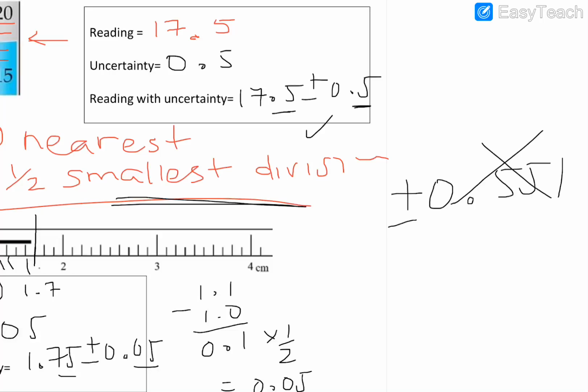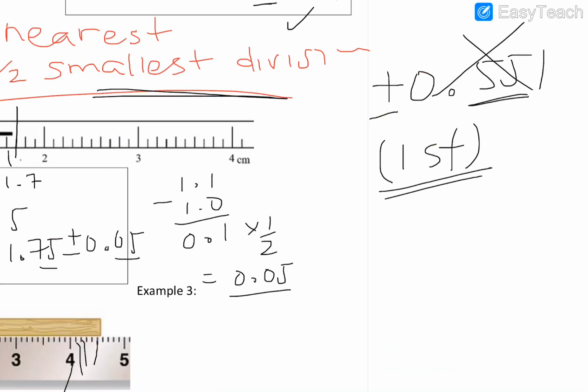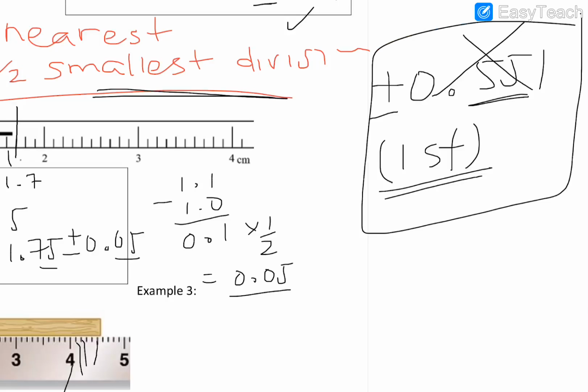This can never happen, even if you calculate it and get it like this. All uncertainty should always be to 1SF. Whatever the number of dp, the dp can be different, but the uncertainty is always quoted to 1SF. Just keep that in mind. 1SF for uncertainty.